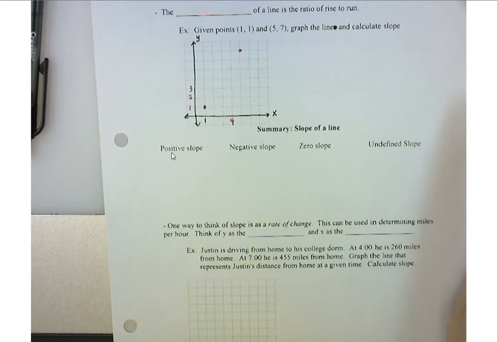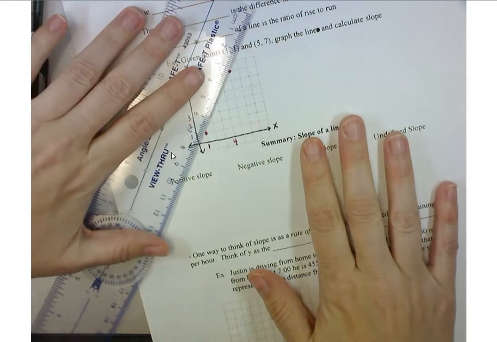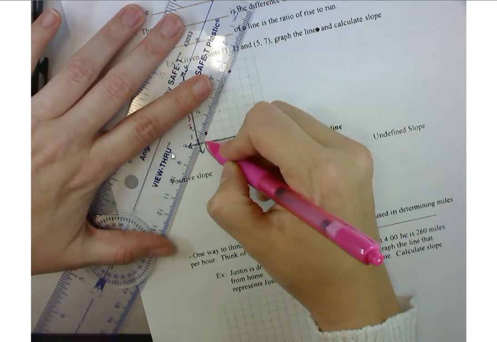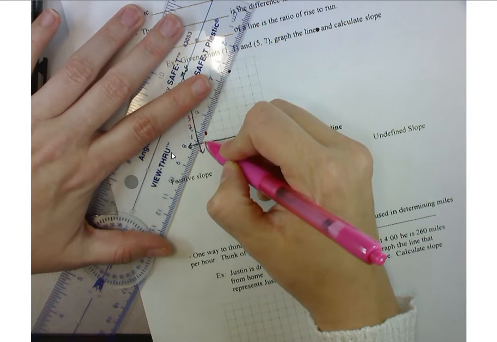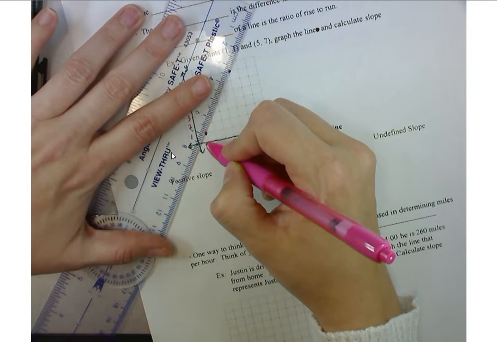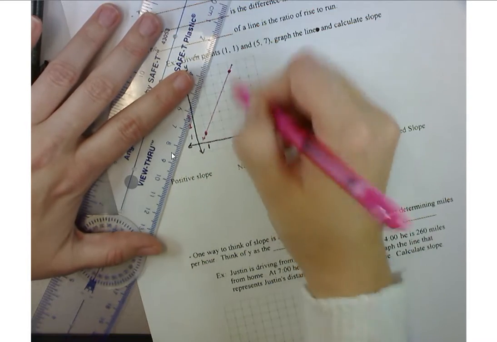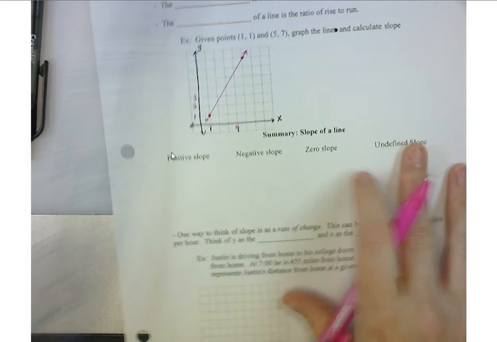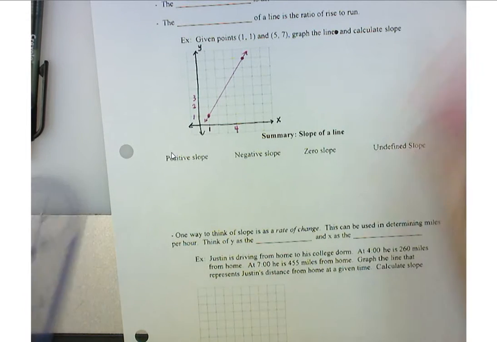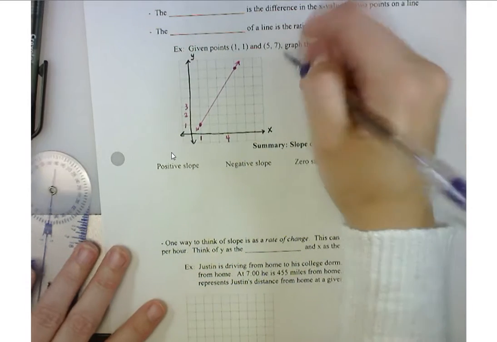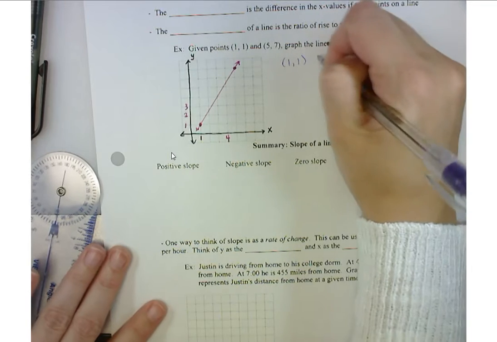Okay, and then you can just use a straight edge to connect. And I'll actually pass out some straight edges if you guys need those. Okay, and it is a line, so I'm going to put my arrows on both ends. And then I'm just going to show you a couple of different ways that you can find your slope. So (1, 1), (5, 7).